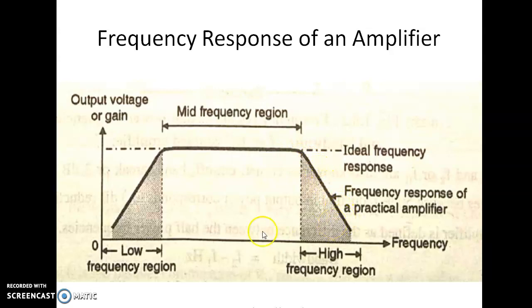As the frequency increases, the voltage gain increases because of the coupling capacitor C1. Then it remains constant like a band pass filter, and after that the voltage gain goes on decaying.